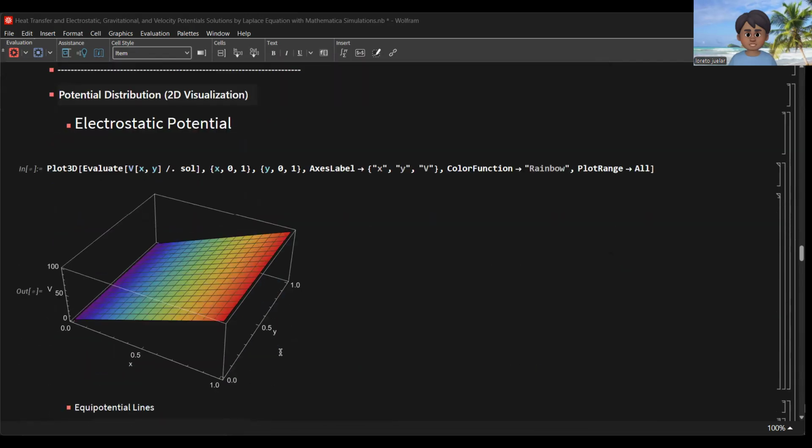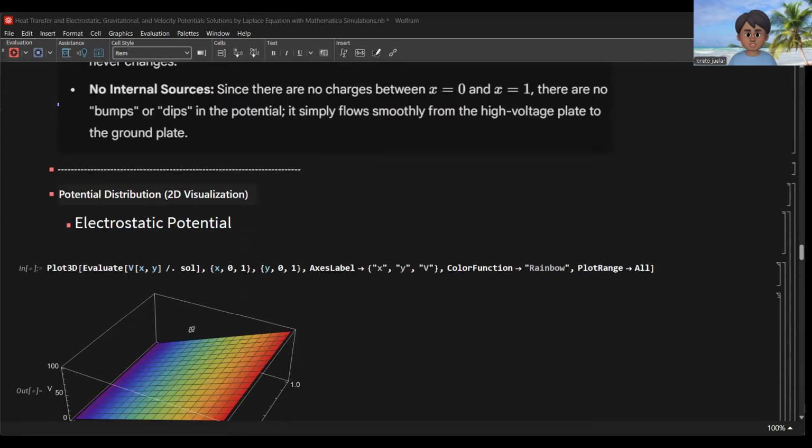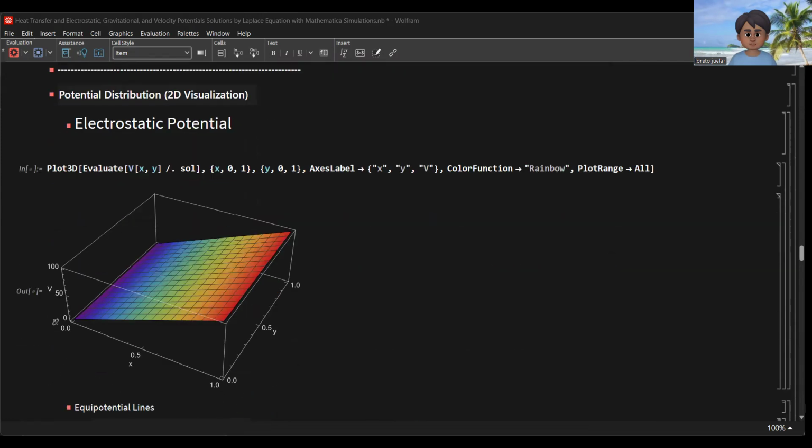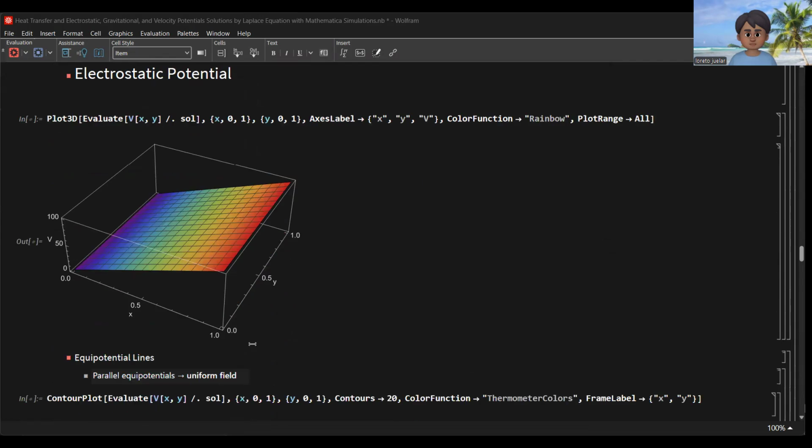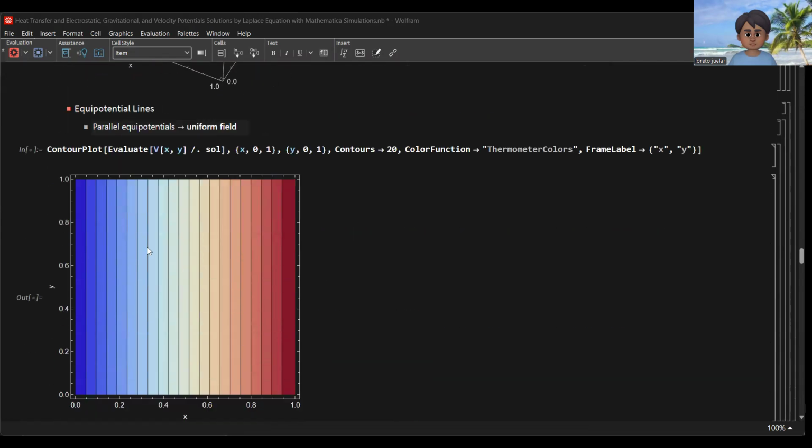So we have here the electrostatic potential. The electrostatic potential here is the height. We have x and y, so this potential is a function of x and y. We have the contour here. We can see the same potential for this line. So the potential here is the same as the potential here.